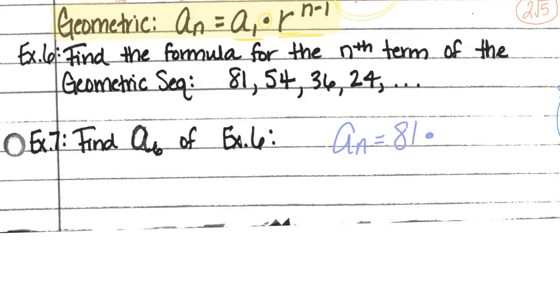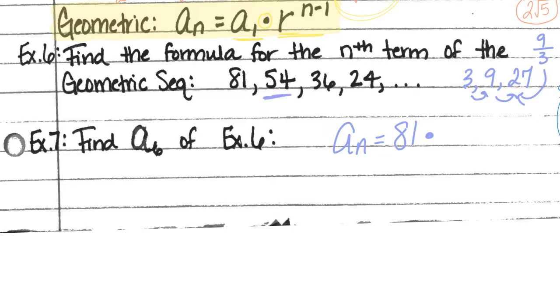If I'm looking for the nth formula, our first term is going to be 81. So I'm going to find the nth formula here first. 81 times r. R is called the common ratio. How do I find that common ratio? Well, let's think about it. If I was looking for the common ratio and I had 3, 9, 27, couldn't you just say these are multiplied by 3? And I also know I could take this 9 divided by 3 to give me that multiplication by 3.